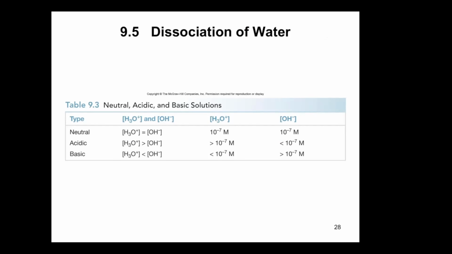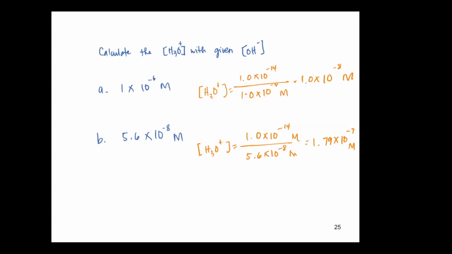Okay, so if we go back to our example, if we compare our H3O and OH concentration values, as you can see for the first example, OH is greater than the H3O. Some of you might be confused based on my class last week, comparing scientific notation.